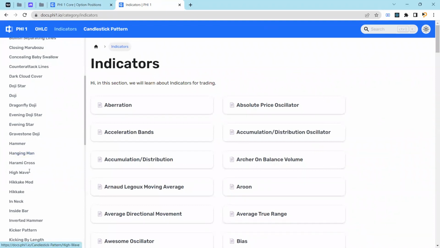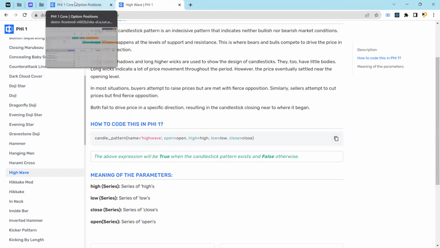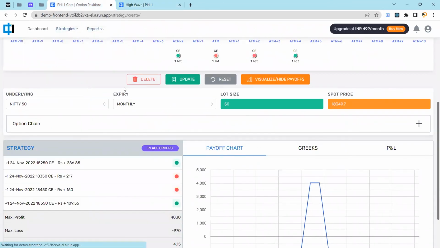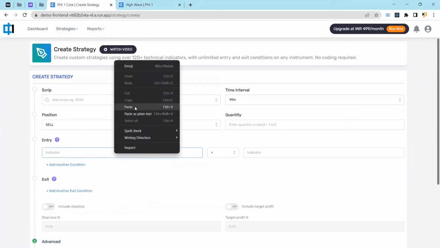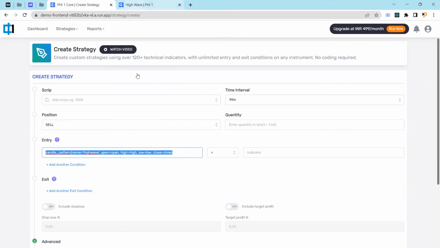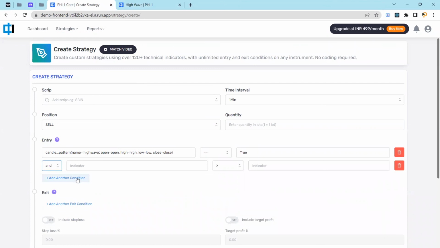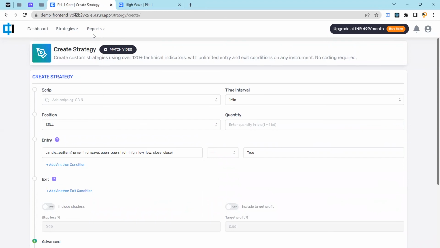So let's just take a simple example. If you put this, you can copy it from here as well, just by clicking this button. You can take this to your create strategy page and then just paste it here. If you're interested in high wave, you can just say that whenever this is true, this becomes your entry, and you can add as many conditions as you want as confirmation.